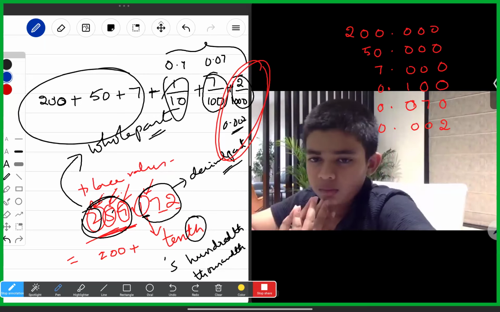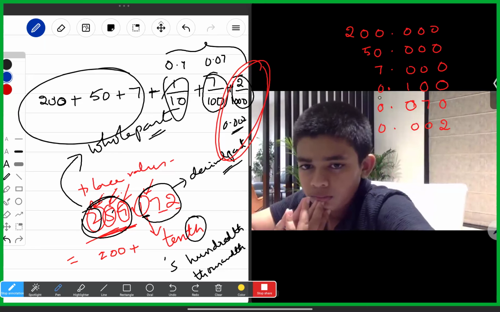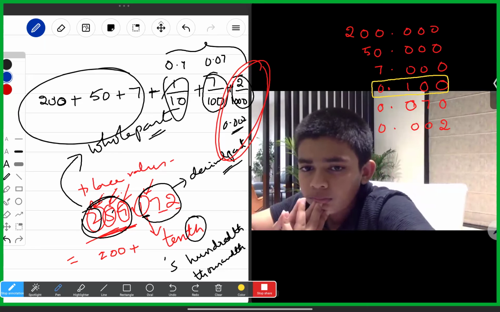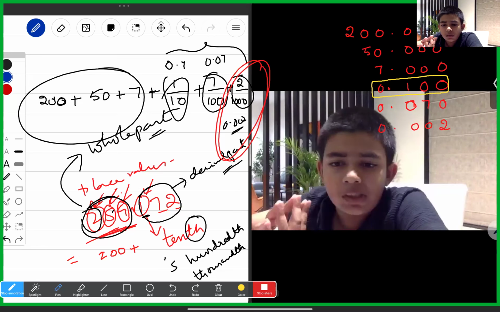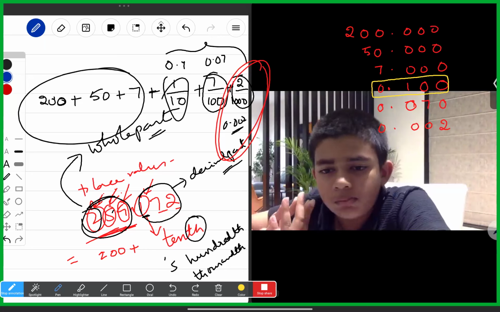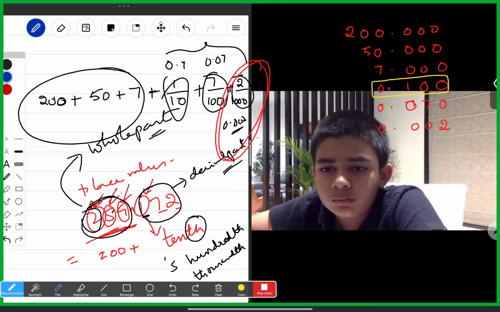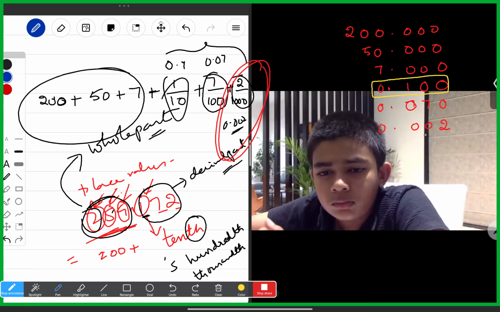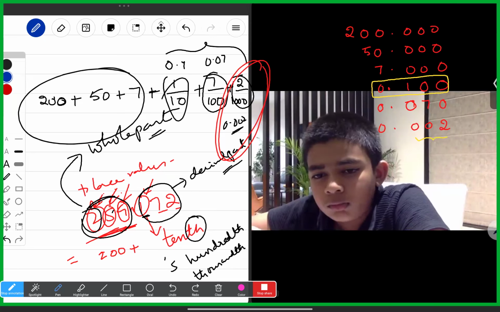If you see the fourth number, I kept 2 zeros after 1. Actually, it is 0.1. But I kept 2 zeros after 1. The reason is, if I keep any number of zeros there, its value is still the same. I kept 2 zeros because I just want to match it with the highest number of decimals here.